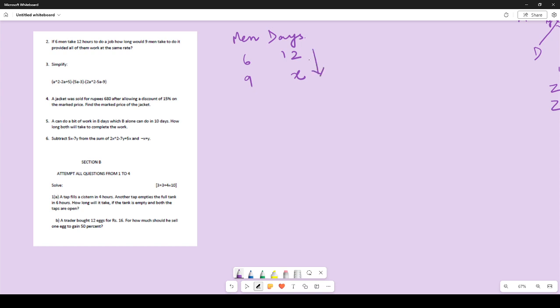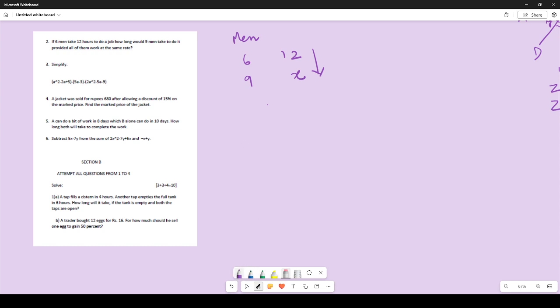Remember, in the arrow method, the arrowhead always points towards X, and now we need to ask, if the number of men has increased, will the number of, sorry, this should be hours, not days. I keep losing the cursor in between.